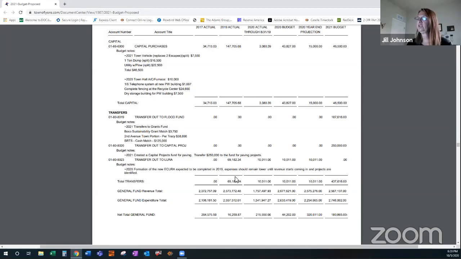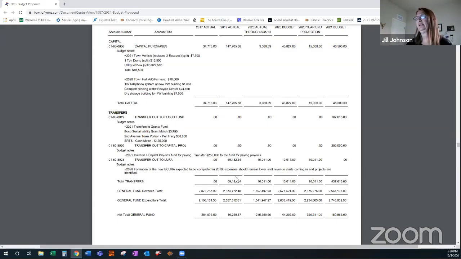So at the bottom of this, you see your general fund revenue total for the budget is going to be 2,567,137, and our expenditures are going to be 2,748,002. You'll notice that our expenditures are higher than our revenue. That's because we're going to be using some of our reserves in this fund. So that's the structure of how this works.